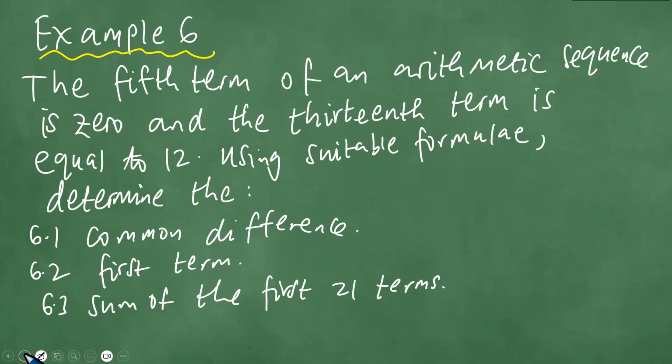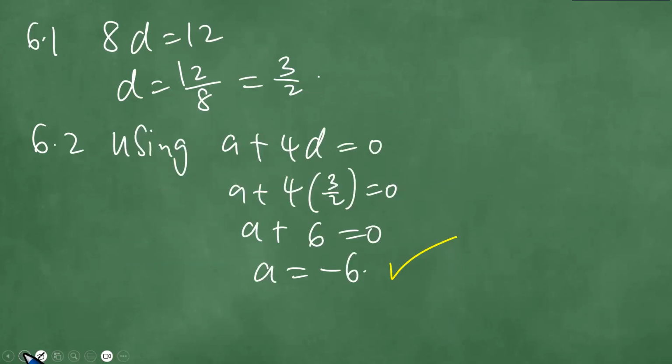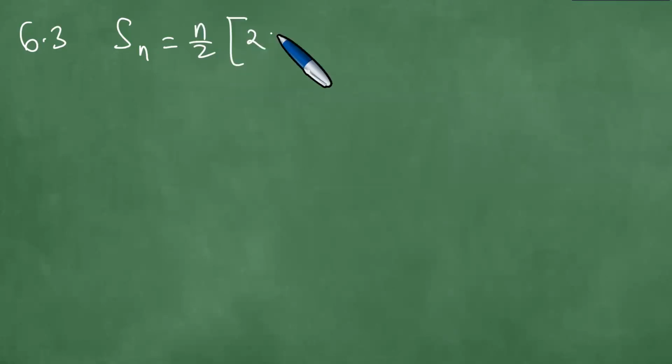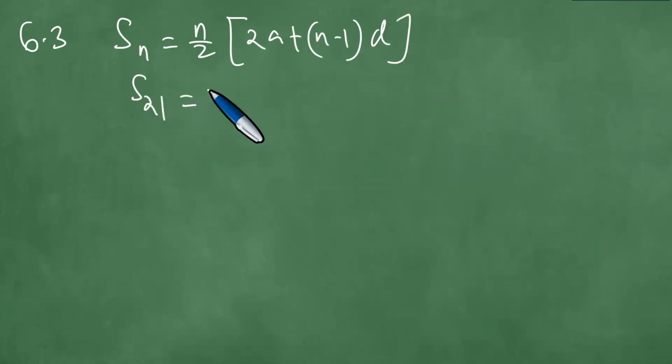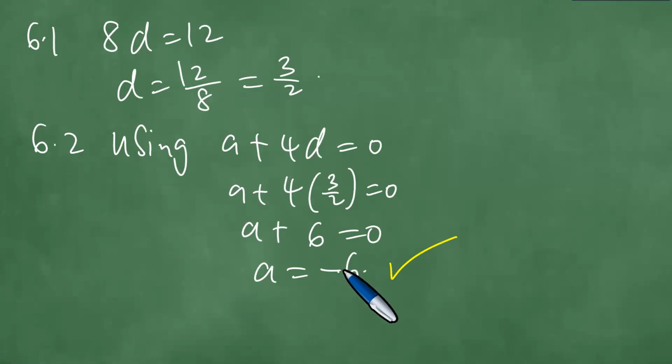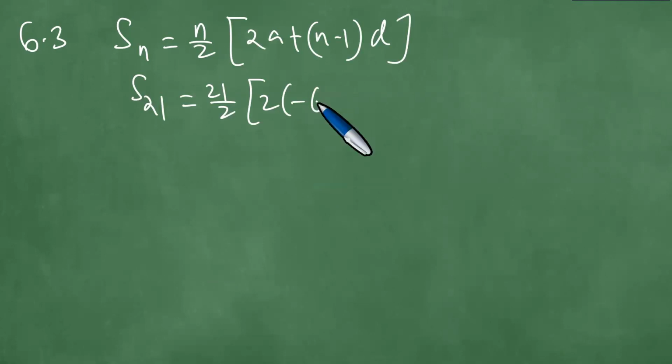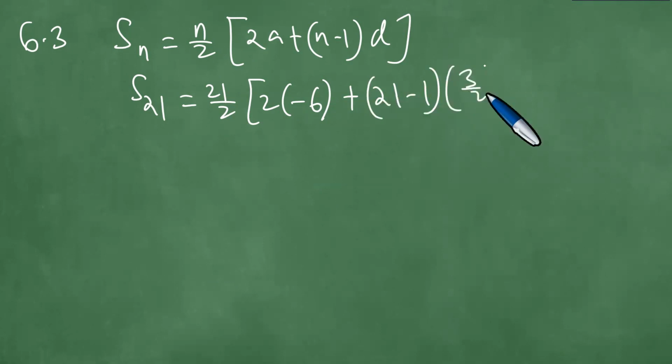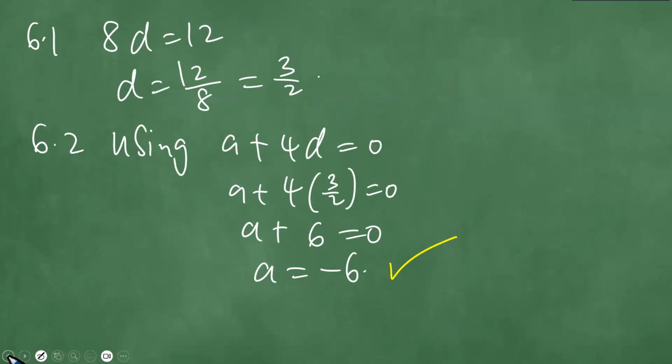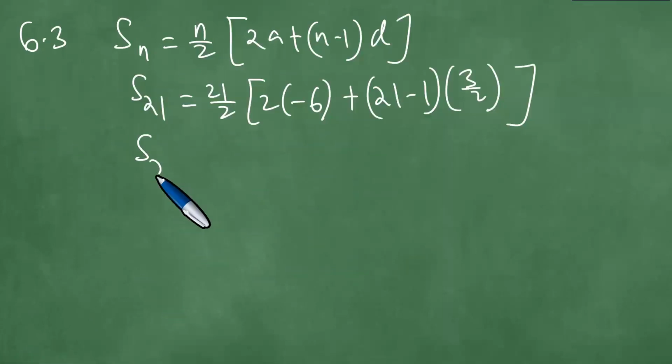Okay, the sum of the first 21 terms, 6.3, which is 21 out of 2, and a is minus 6. So let's do this now.